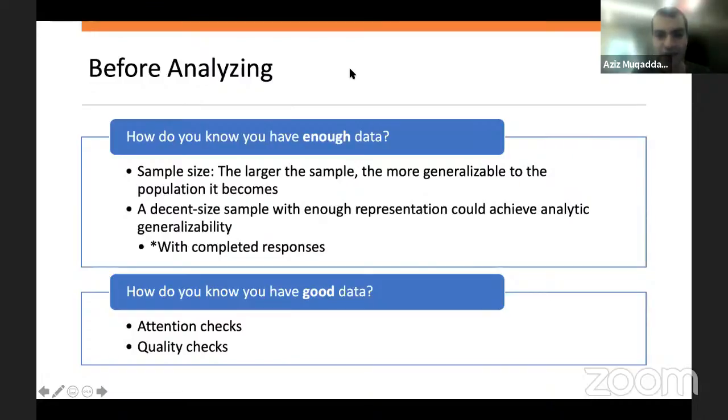Let me give you an example. Let's say we sampled, I'm not sure how many million college students exist in the US, but let's just say we got a sample of 500.